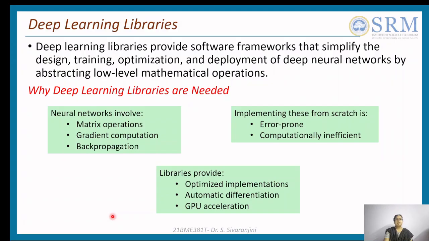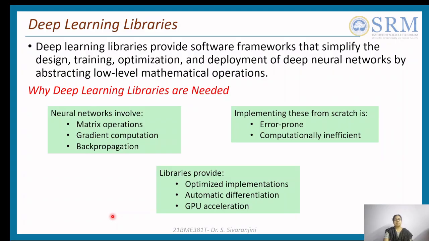So why are the deep learning libraries used? We already know neural networks involve matrix operations, gradient computations, and backpropagation. When you go for a huge amount of data, it becomes very tedious. You cannot initialize or change the weights manually at each and every point, right? So that can be made easier.